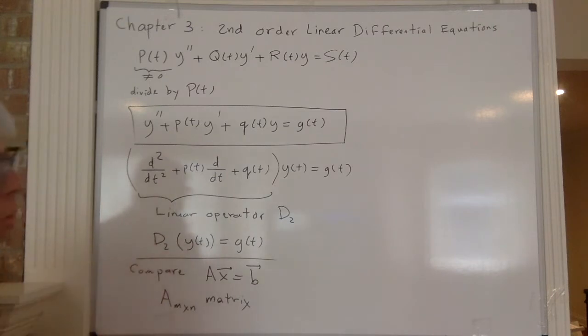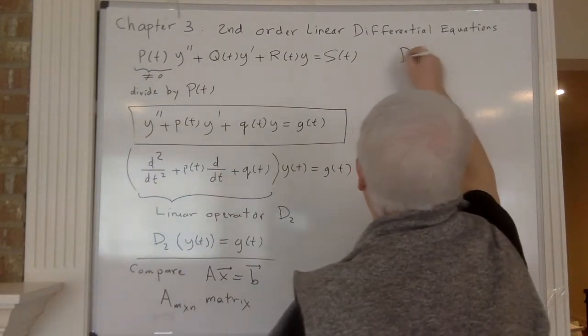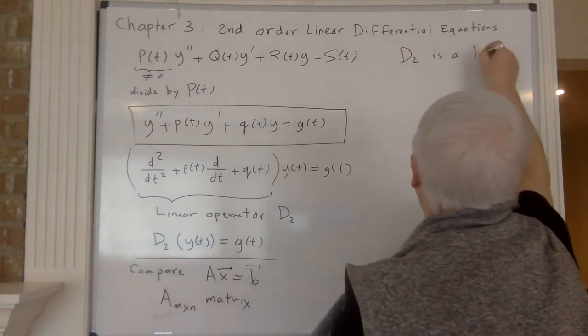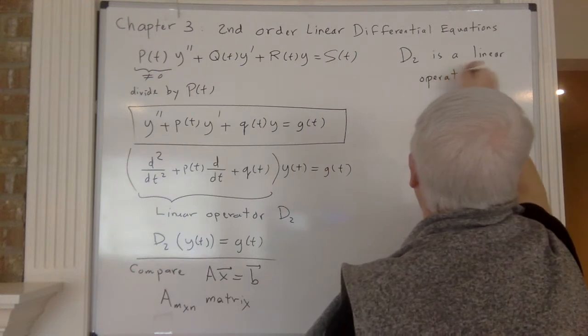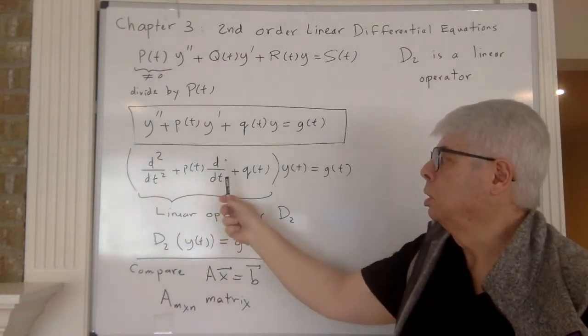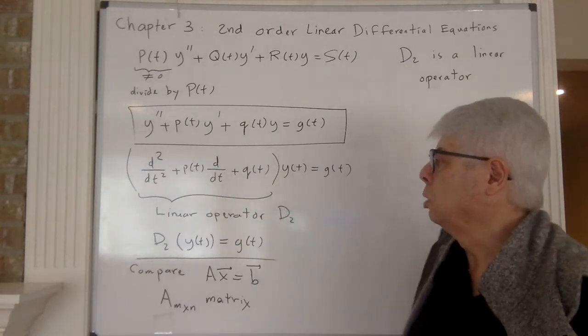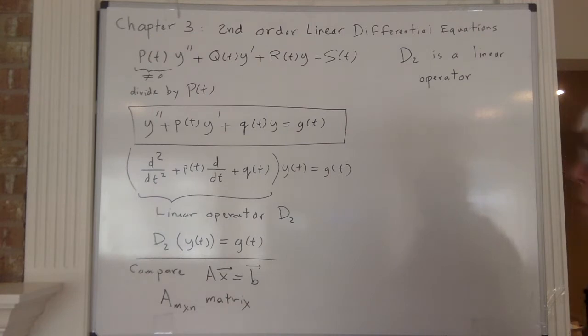Now this is also linear. D2 is a linear operator. Why is it linear? Because each one of them is linear. This is linear, linear, and when you multiply by a constant, well, that's not the constant, but the function, it stays linear. So this whole thing is a linear function.